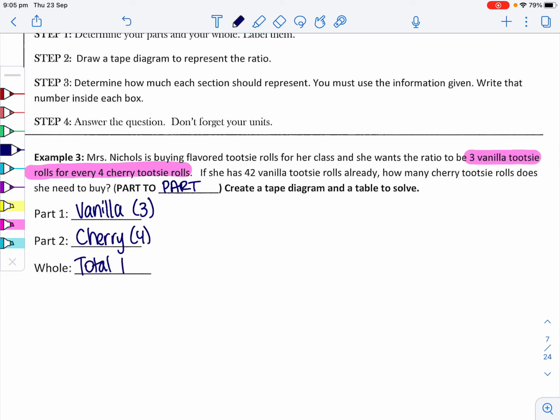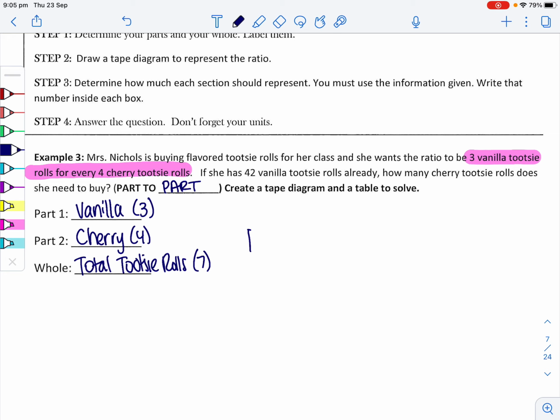And then my whole is going to be total Tootsie Rolls. And 3 plus 4 is 7. What that means is in my tape diagram, I have to have 3 boxes that represent vanilla, 4 that represent cherry, and 7 total boxes.